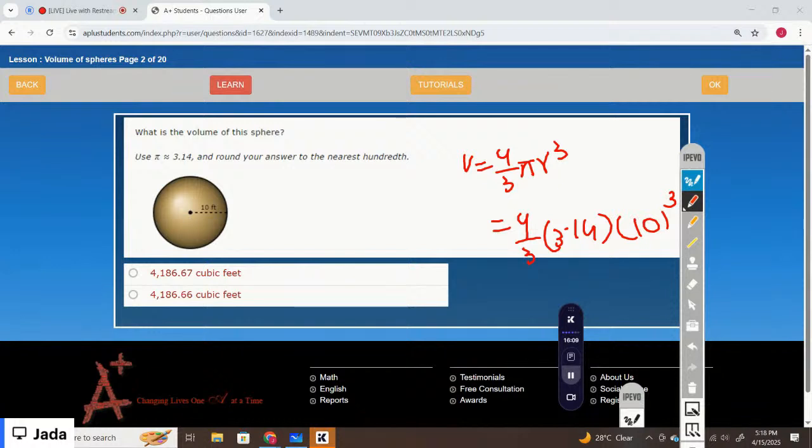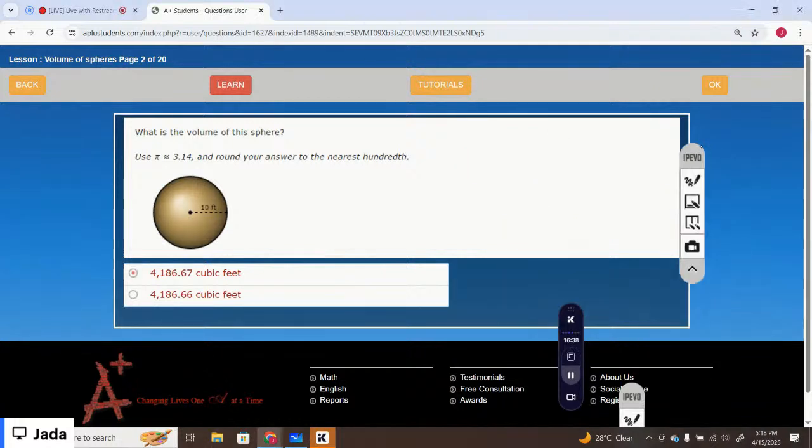So 1000 times 3.14 times 4 divided by 3, that is 4186.67. Option number 1 is the correct option.